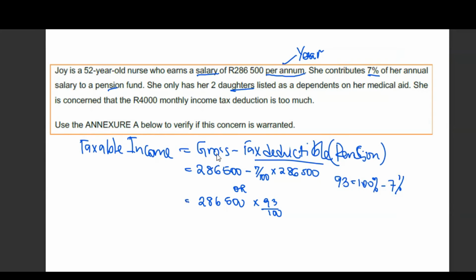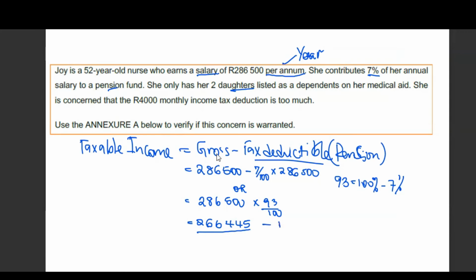We get the same answer, 266,445. So this is now the taxable income.